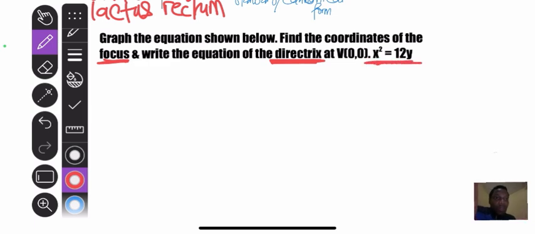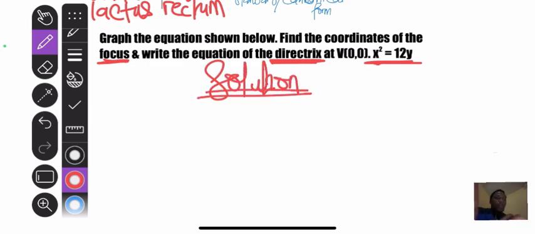So every problem, there's always a solution. After writing that, the first thing for us is to compare. By looking at this equation, we can see that this corresponds to the equation of vertical curves. It means the curve will be vertical, and not just vertical, it will be vertically upward because it is positive.